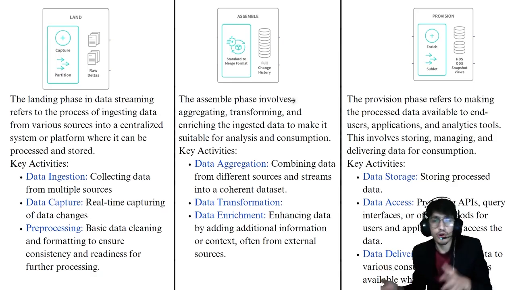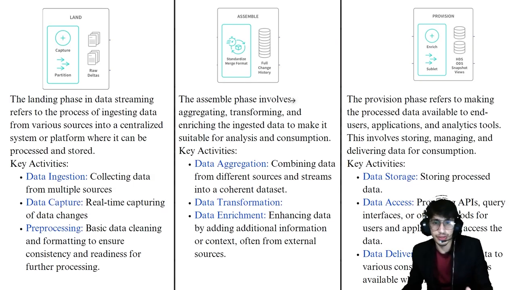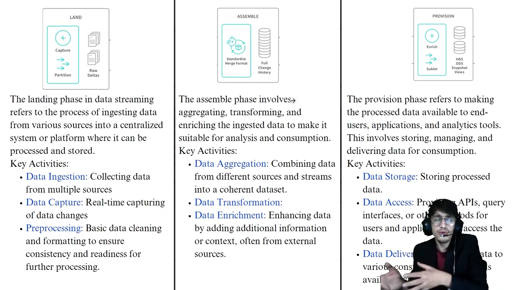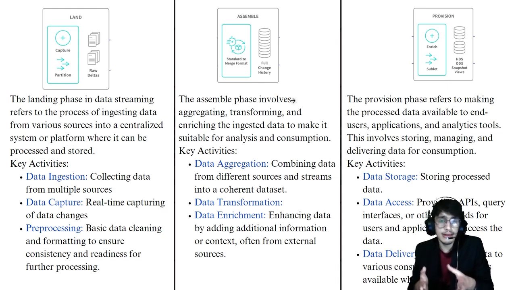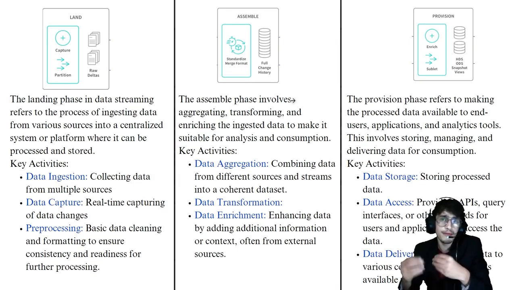Just watch all three parts and you will be good to go with data transformation. So here are data aggregation, data transformation, and data enrichment. Data enrichment means that you are taking some additional information from an external source and adding it to your current data so that your data will have more power.